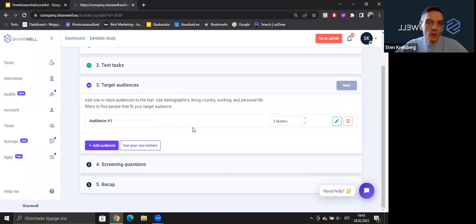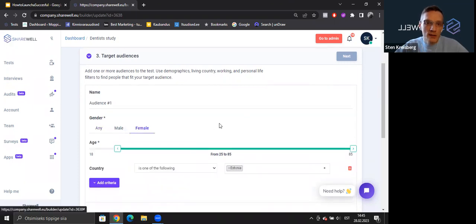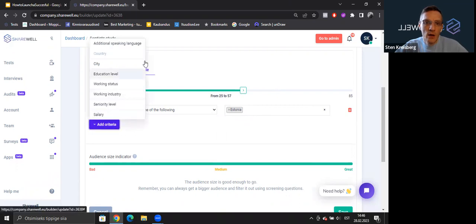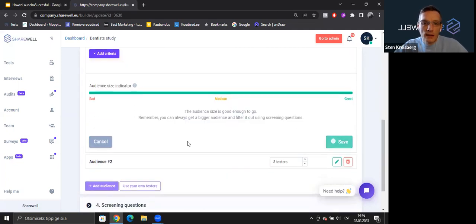So here I can put the target audience. I can choose as many as I want, but let's choose two this time. One is audience 1. Let's choose females from 25 to 57. We can choose a language, for example Estonian, and this is it.